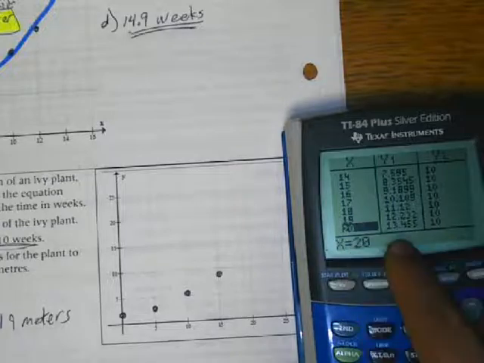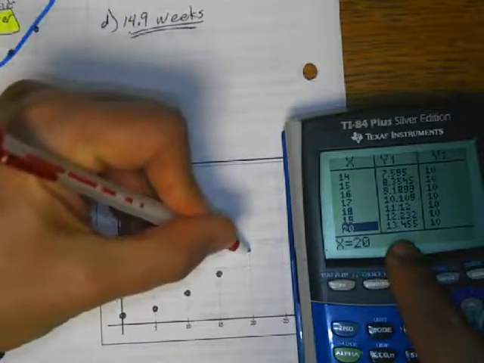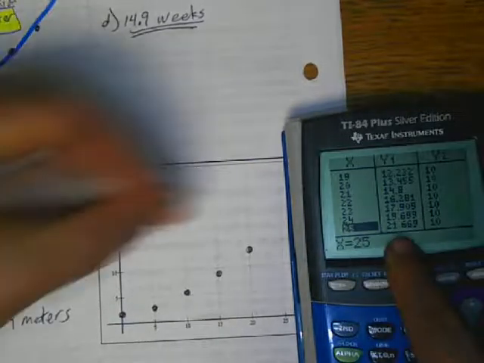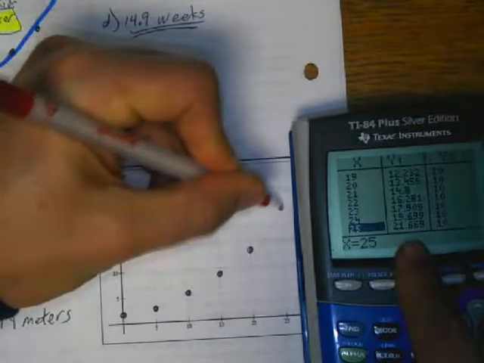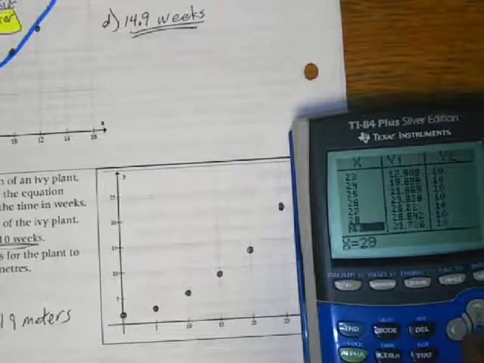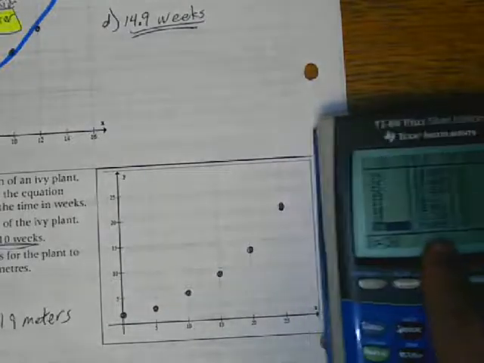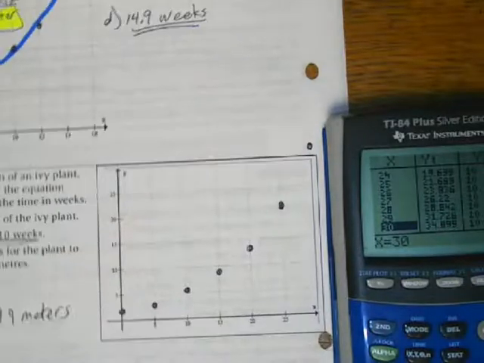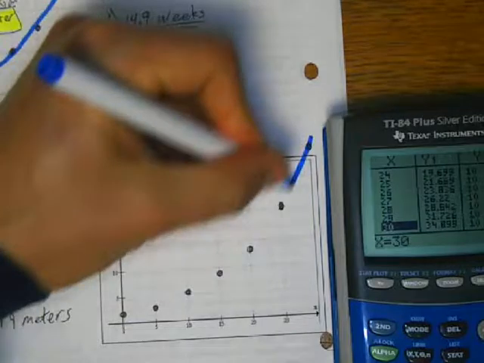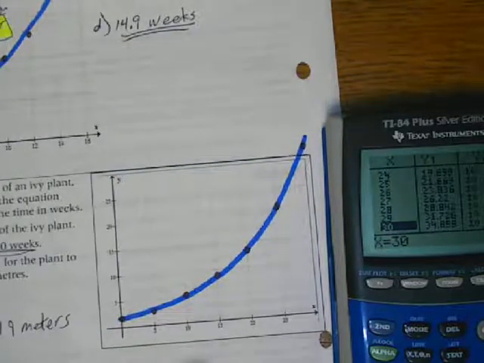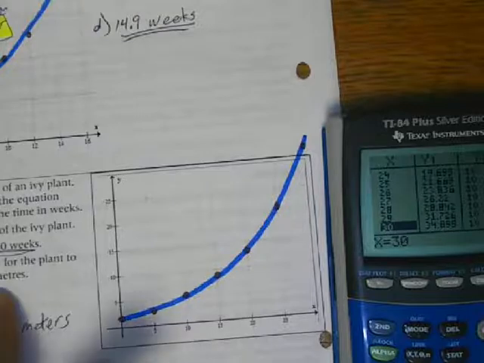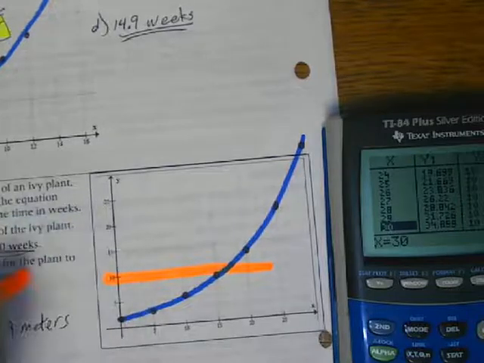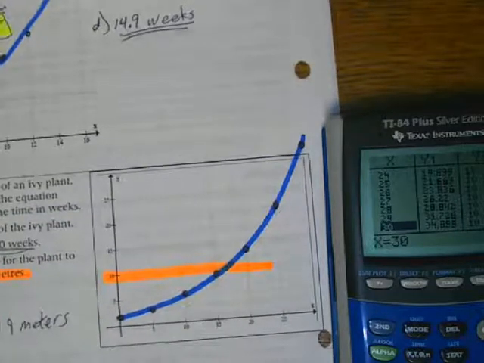At 20 weeks we were at 13 something. 25 weeks we were at 21 something. At 30 weeks we were at 34 something. So off the charts. And we wanted to know when it was 10 meters. So we wanted to find this intersection at 10 meters.